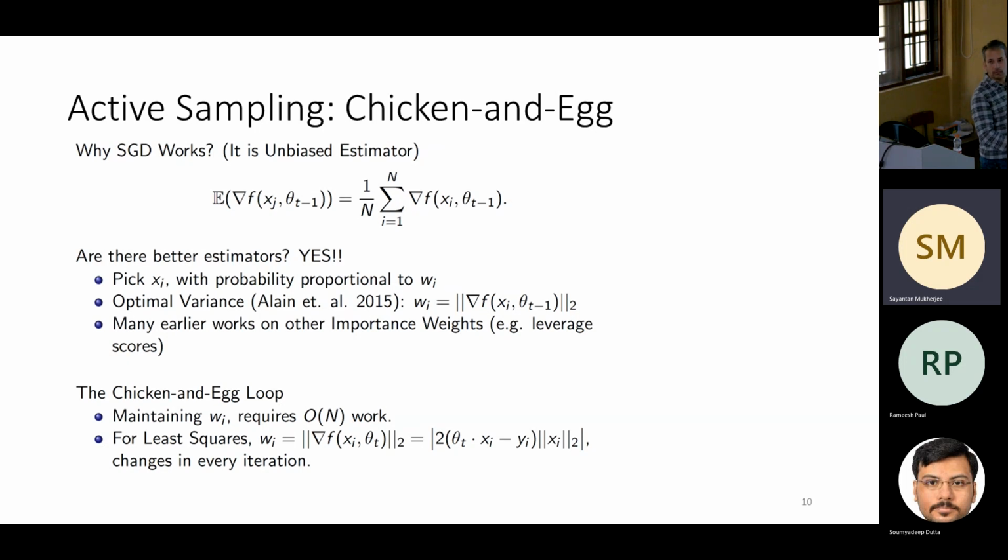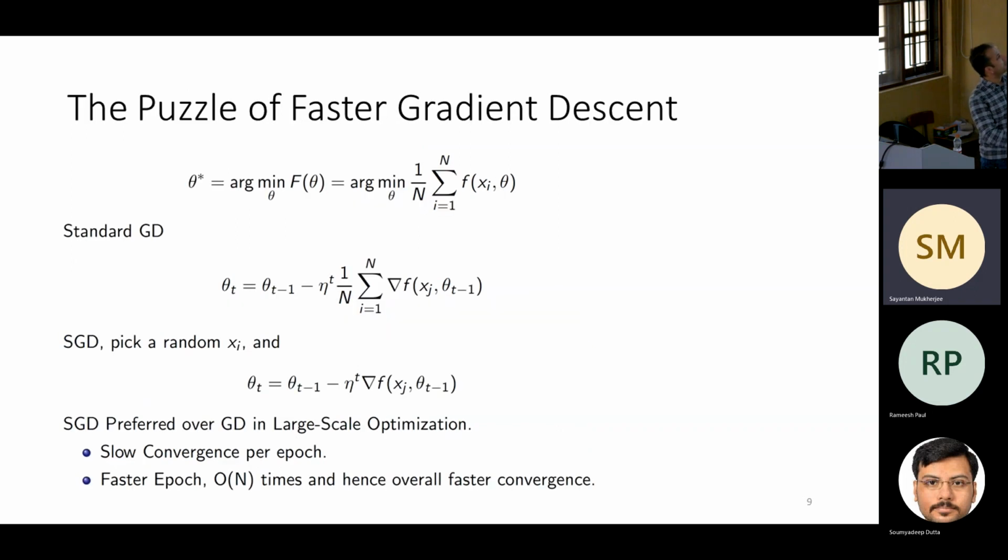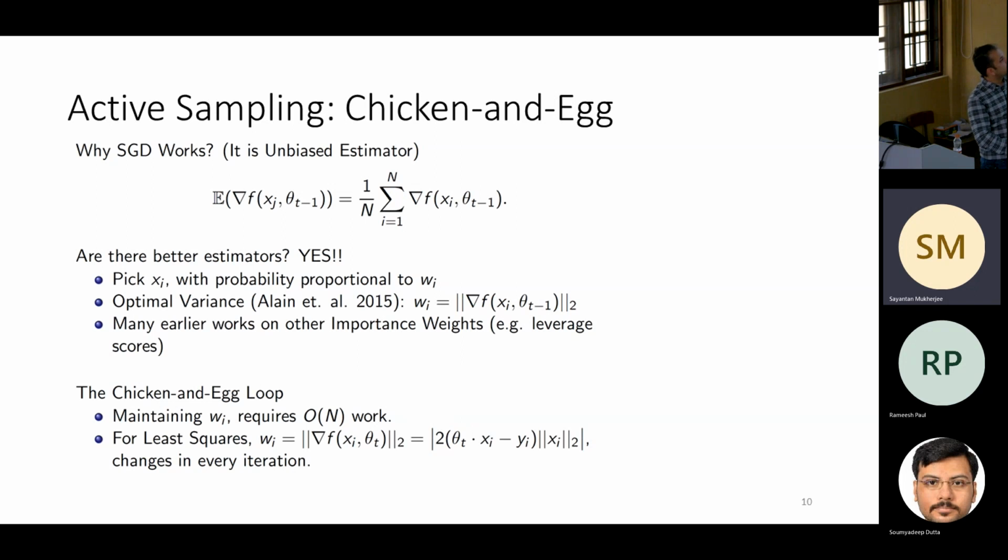So now instead of randomly sampling an element xi and computing a gradient, remember I have n data samples, x1 to xn. Instead of randomly picking a sample I will pick a sample based on a weight. And it is shown that if the weight is some sort of the norm of the vector, then this is kind of optimal and it will give you better variance.